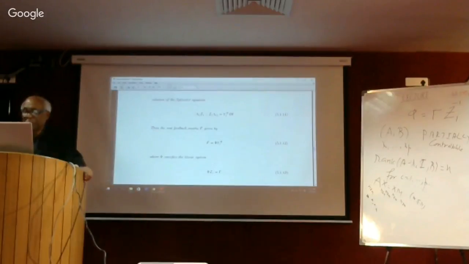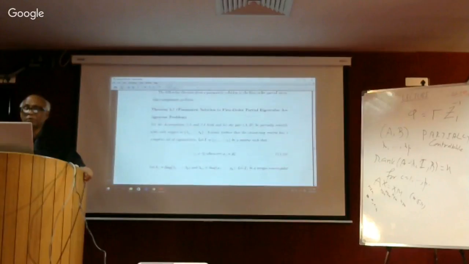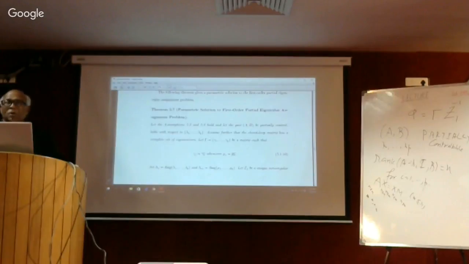Of course, there are some conditions to be satisfied. Not any gamma will work, and you can look at the details. Gamma has to be such that the jth component of gamma is equal to the complex conjugate of some other kth component.